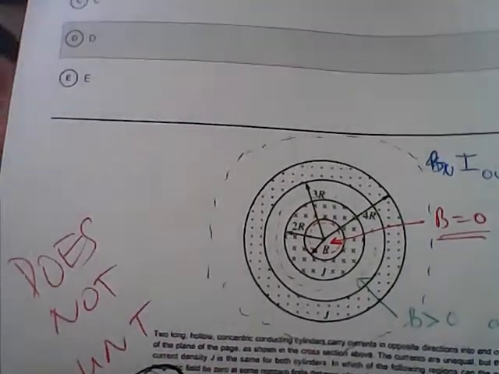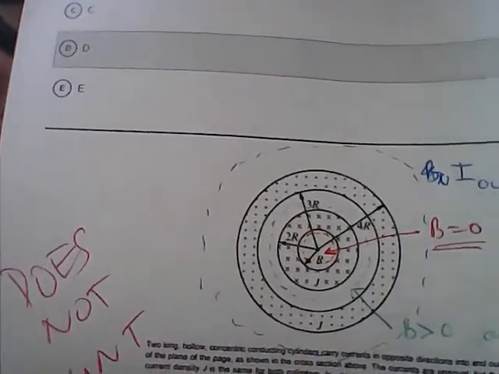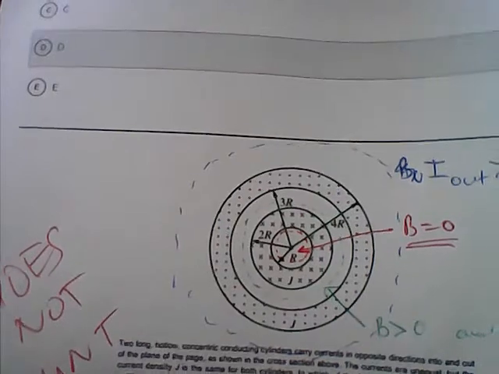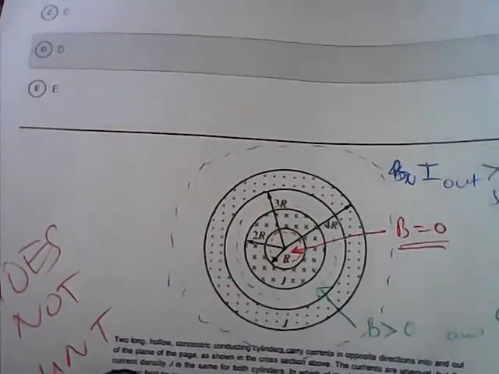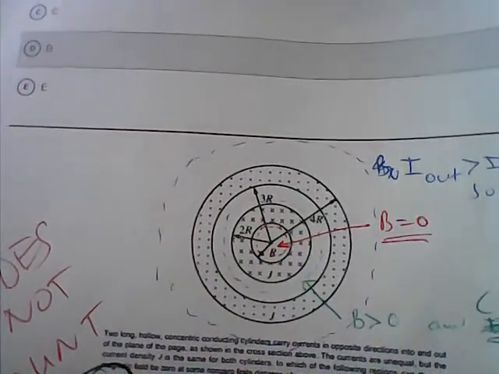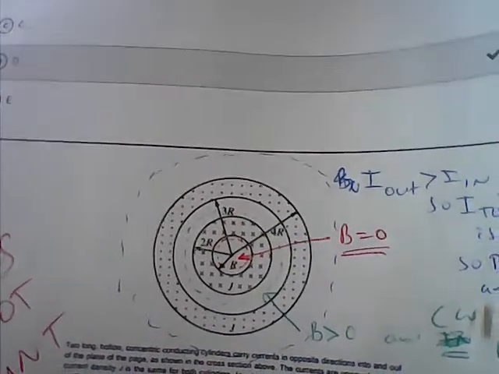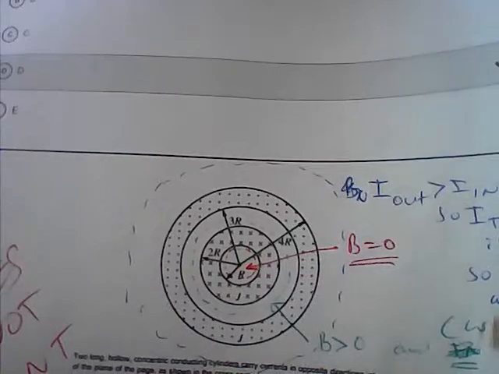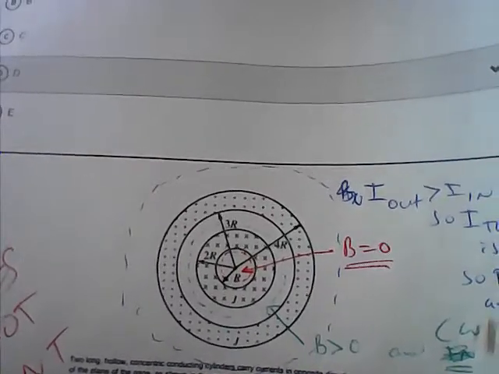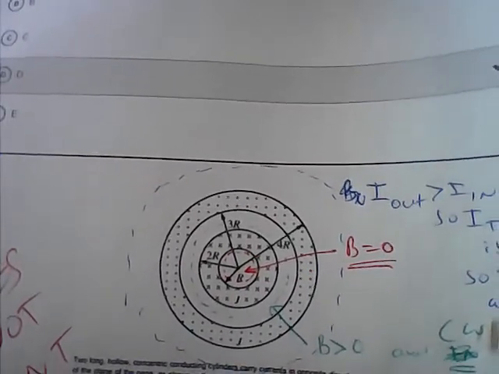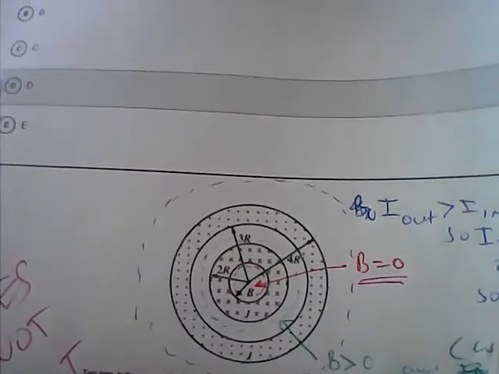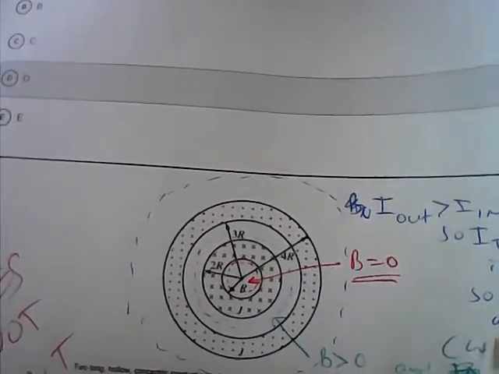But between 3R and 4R, there is a point where the current inside that Amperian loop would be 0. You push that radius far enough out to get just enough current on the outside as there is on the inside, and at that radius there would be no magnetic field.